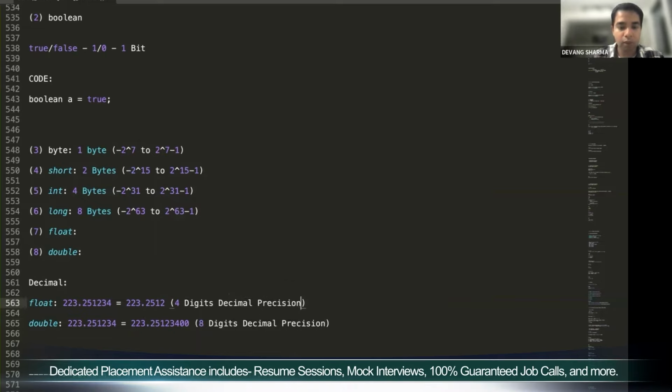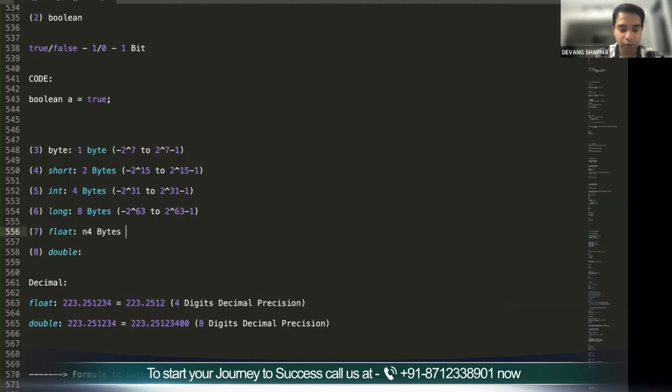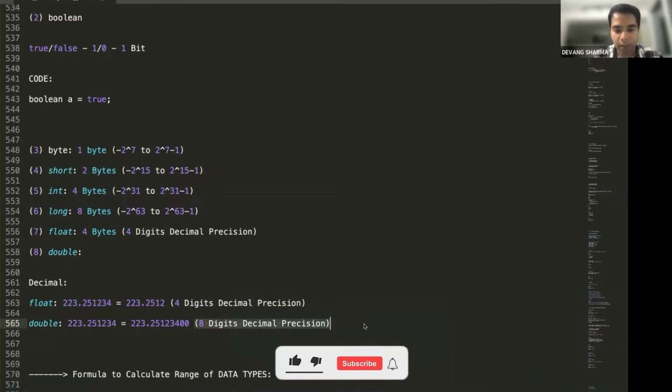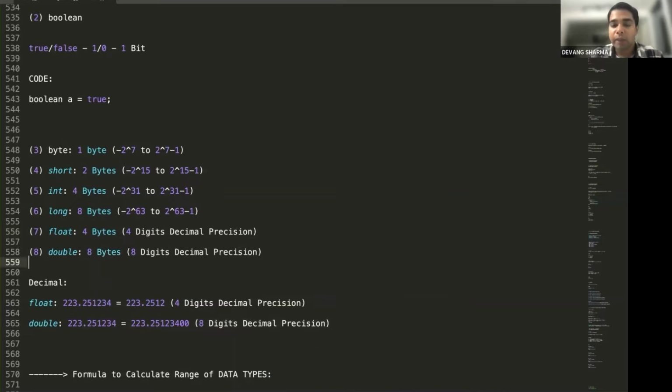This is 4 digits decimal precision. And that's the only difference between these two. Float takes 4 bytes, which is 4 digits decimal precision. And double takes 8 bytes, which is 8 digits decimal precision. Everybody clear with this? Okay.